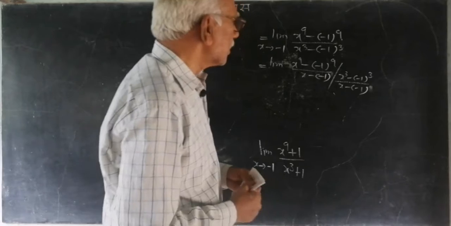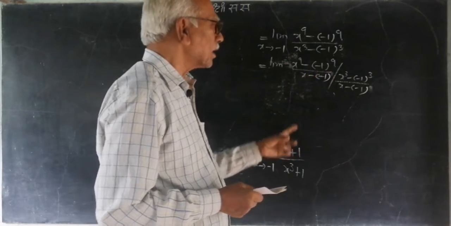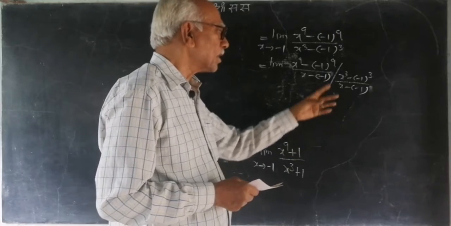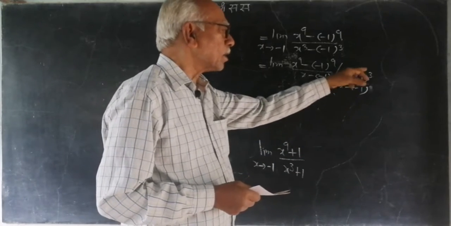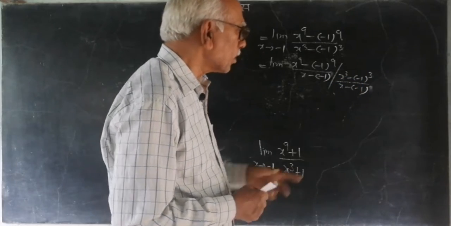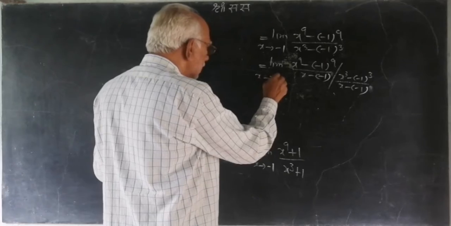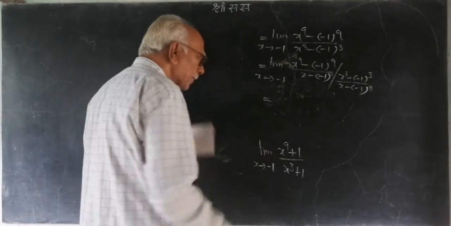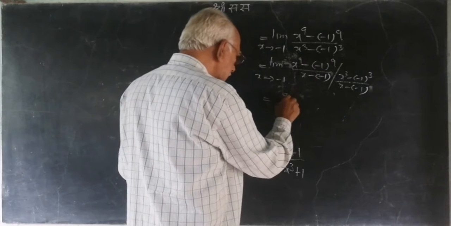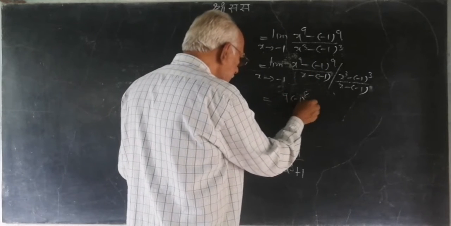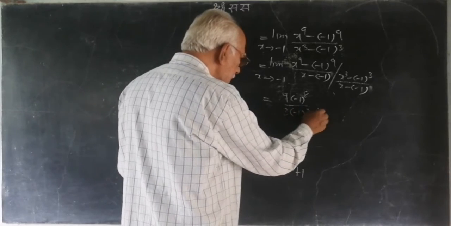You have got that particular form: x to the power n minus a to the power n divided by x minus a, again divided by x to the power 3 minus of minus 1 to the power 3 divided by x minus of minus 1, as x tends to minus 1. So what will be the value of the numerator? It is n times a raised to n minus 1: 9 times minus 1 raised to 8, and here it is 3 times minus 1 raised to 2.